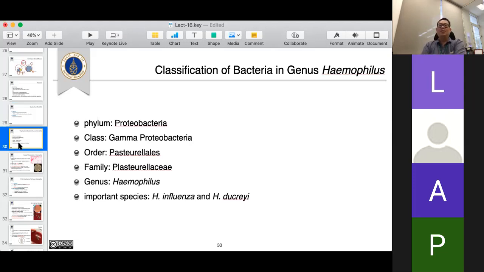Okay, genus Haemophilus. This group of bacteria are very small bacteria. The size of the bacteria is super small. Gram-negative coccobacilli. Classification: phylum Proteobacteria, in the group of gamma Proteobacteria, order Pasteurellales, family Pasteurellaceae, genus Haemophilus.